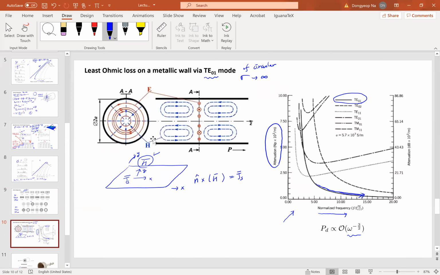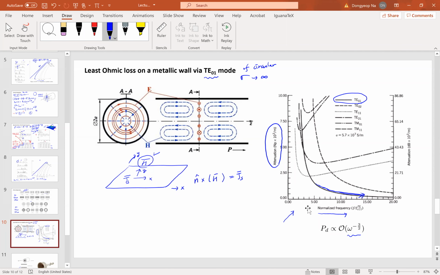But due to the finite value of conductance of the waveguide, there should be metallic or ohmic loss. This ohmic loss comes from this tangential magnetic field. So in order to minimize loss, we need to find the mode that has the lowest value of the tangential magnetic field. That was the TE01 mode.